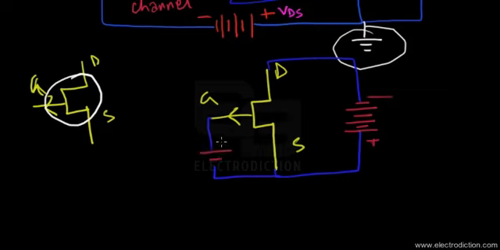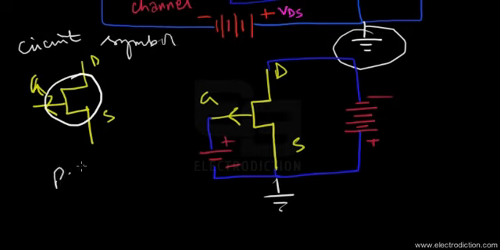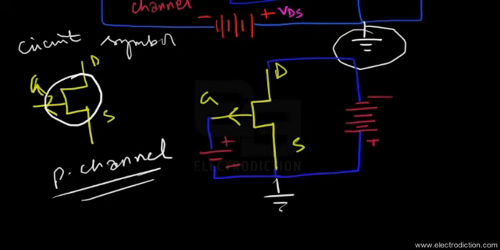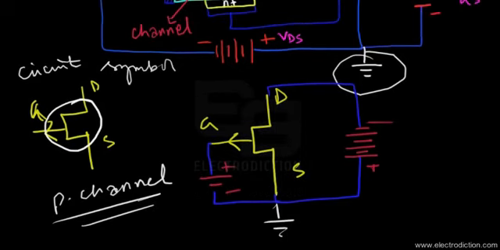That's how the circuit would look if we used the circuit symbol of the p-channel JFET. This is the circuit as drawn using its symbol.